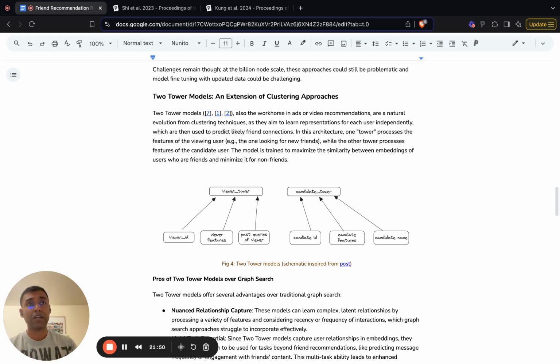Every time a viewer actually makes a friend on the network through your recommendation system, you can take it as a positive example and say that this viewer made a friend on this network with this candidate. So I need to learn an embedding of this viewer and an embedding of the candidate that has a high dot product, or that is close. That's the idea of embedding-based retrieval.